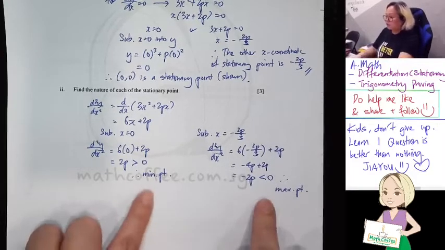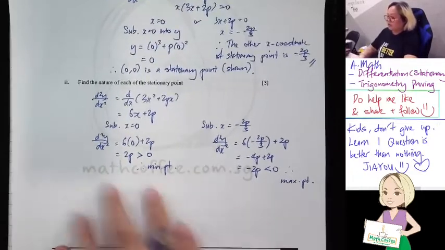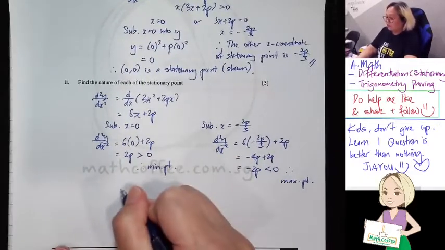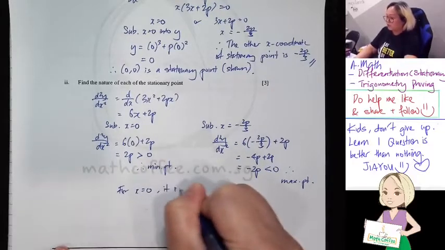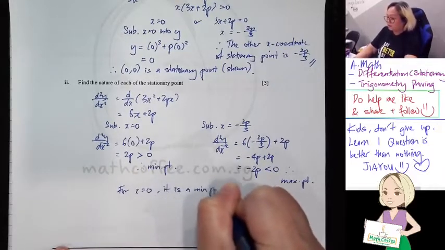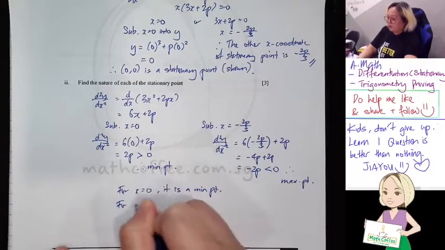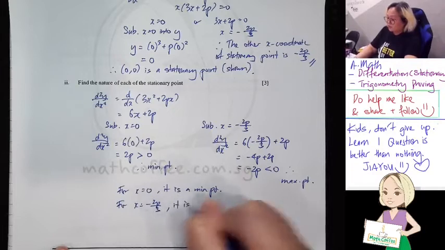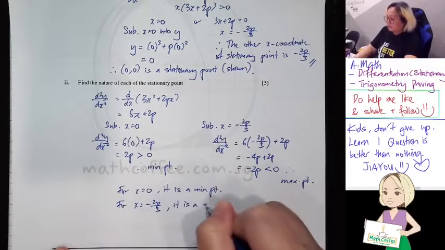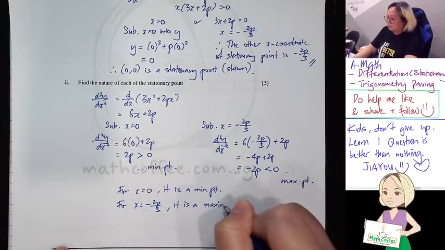Okay? So to make it very neat, you will say for x equals 0, it is a minimum point. For x equals minus 2p over 3, it is a maximum point.